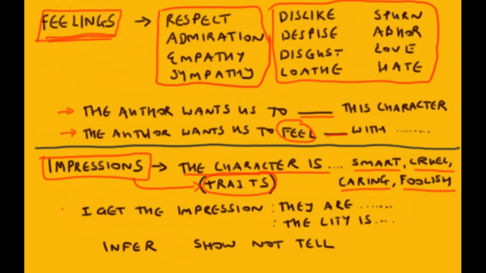And one way to remember how to answer impression questions is I get the impression that they are caring or mean or cruel. I get the impression the city is lively or boring. It's an impression that you get.